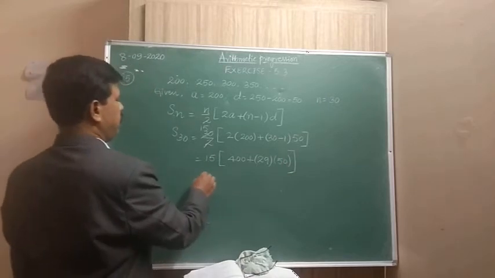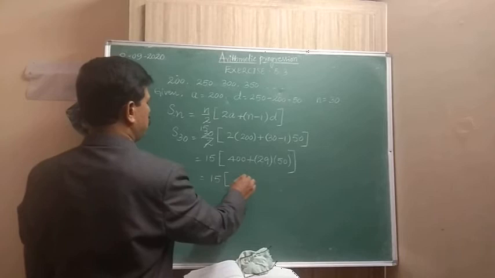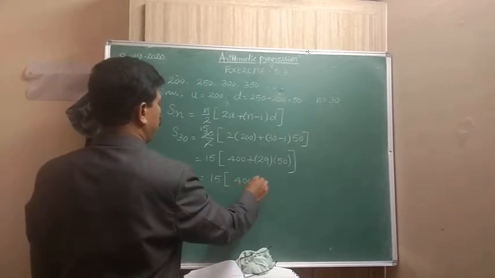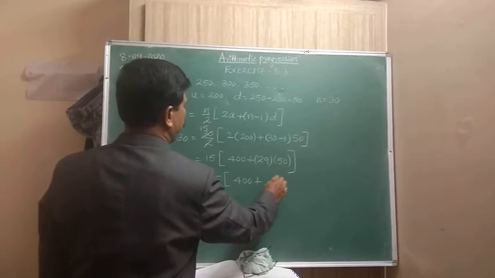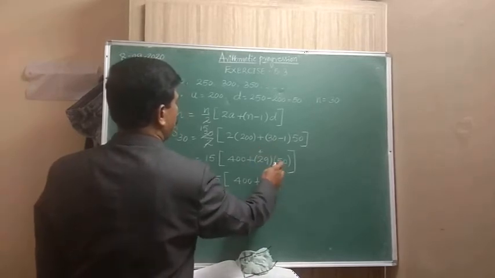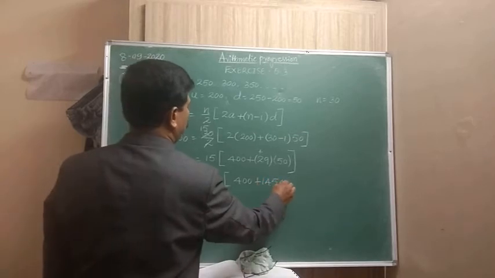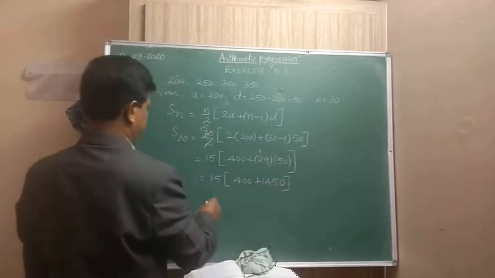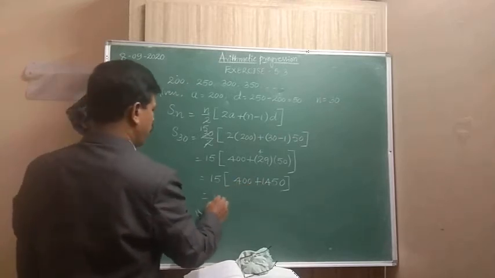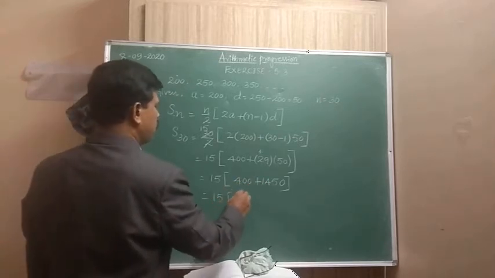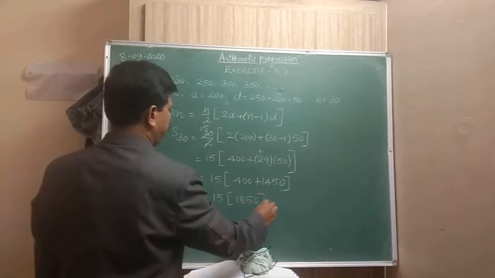Then 15 into 400 plus, now multiply: 5 9s are 45, 4 carry, 5 2s are 10, plus 4, 14, so 1450. Add it. Now 1450 plus 400, how much? 1850.